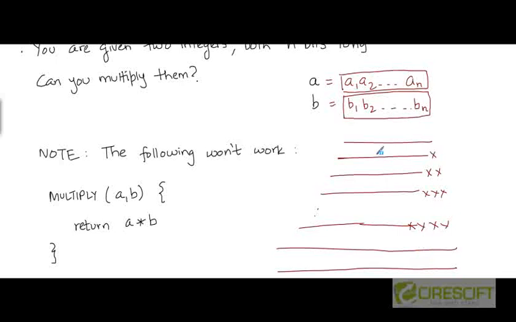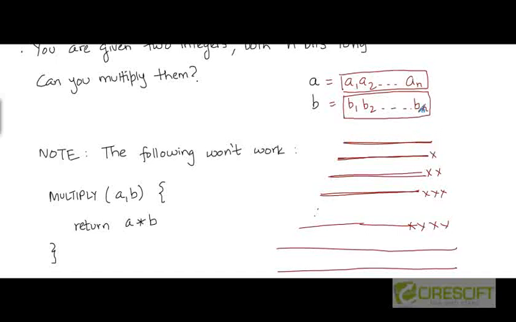What would be the time complexity of this brute force algorithm? Since we are taking every bit of b and multiplying it with all n bits of a, to calculate each of these strings is going to take time proportional to n, because to multiply a bit of b with all the bits of a and to write down the result here is going to take time proportional to n.